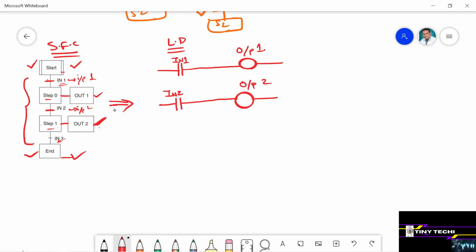But in this case, step 1 is realized when output 1 occurs as well as input 2 occurs. So we have to include that. This is output 1 as well as input 2.